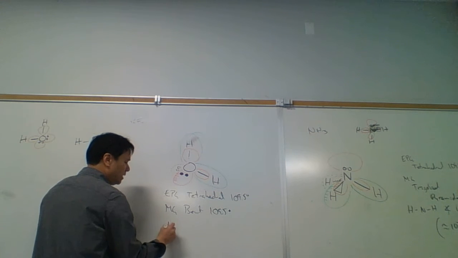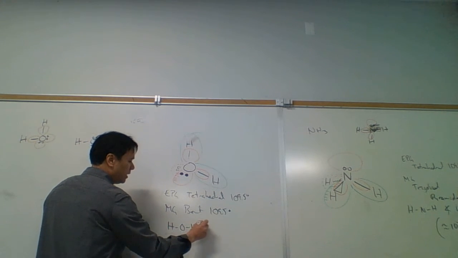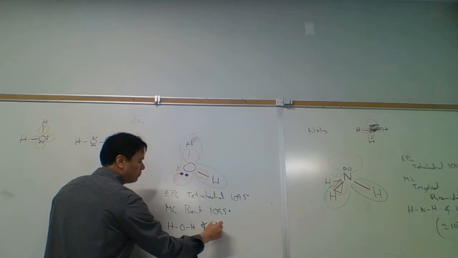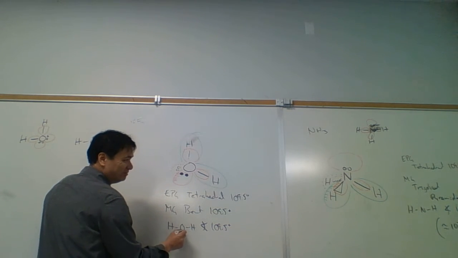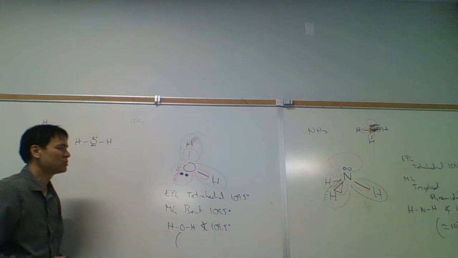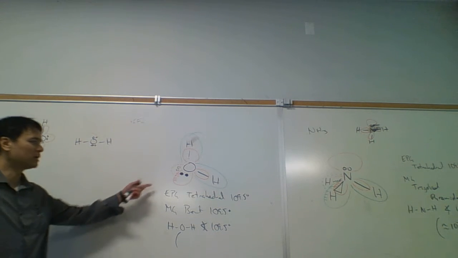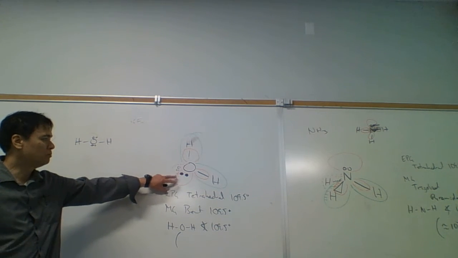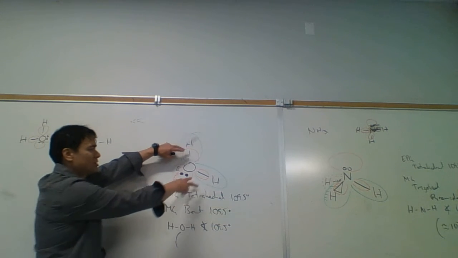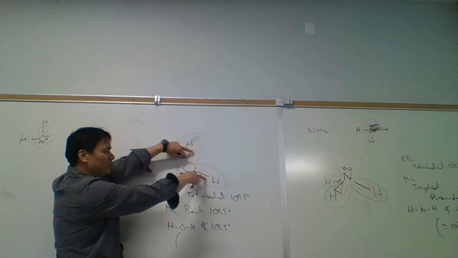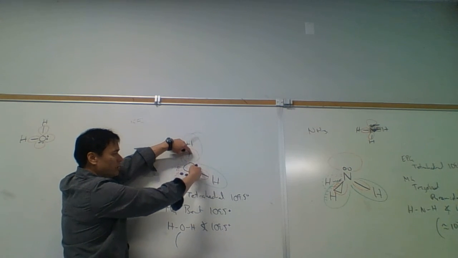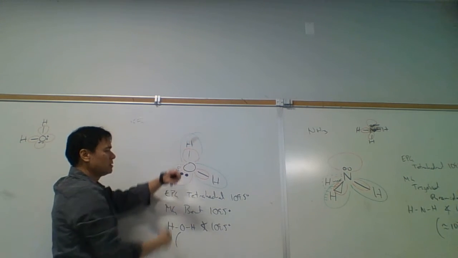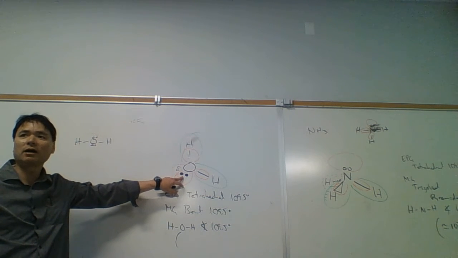And so we have the HOH angle. The HOH angle should be 109.5 degrees. But there's potential for distortion because the lone pairs are bigger balloons. We've got two big balloons here pushing down on these two littler balloons, so the two little balloons are going to be compressed in. That's going to shorten this angle by about 2 degrees per lone pair.